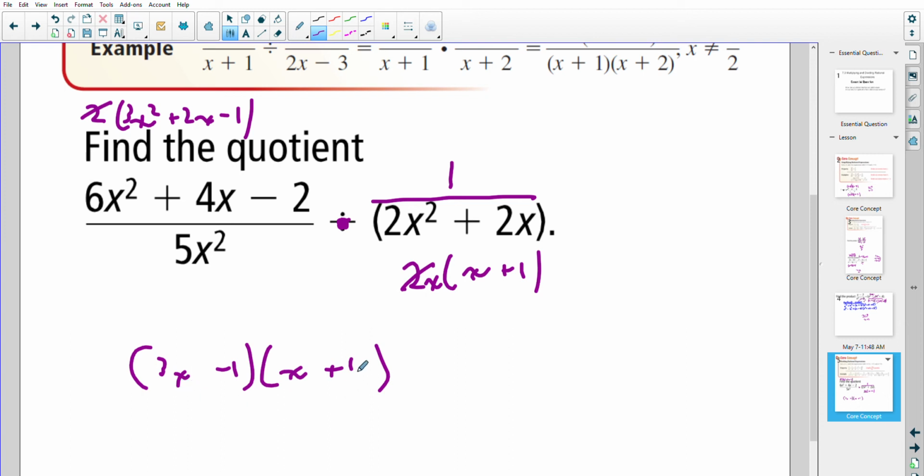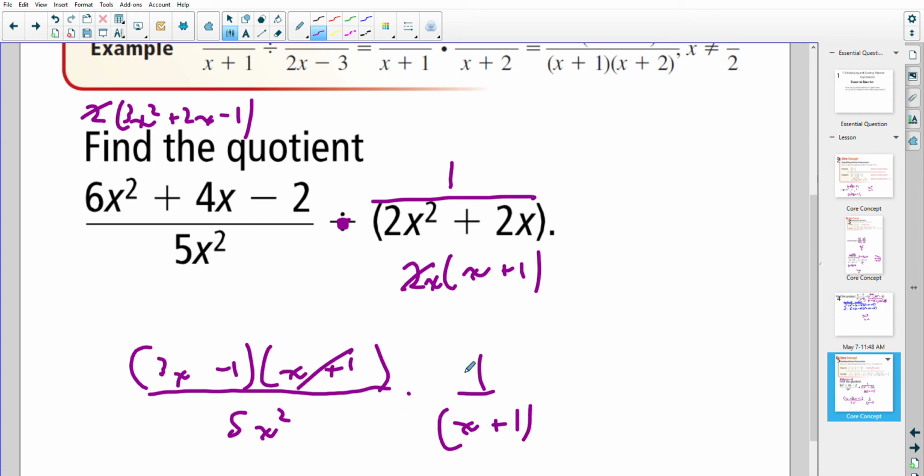Negative x plus 3x is 2x, so I guessed right. And that means that this is 5x squared times 1 over x plus 1. Again, multiplied, that is going to cancel, and therefore you're left with 3x minus 1 over 5x squared.